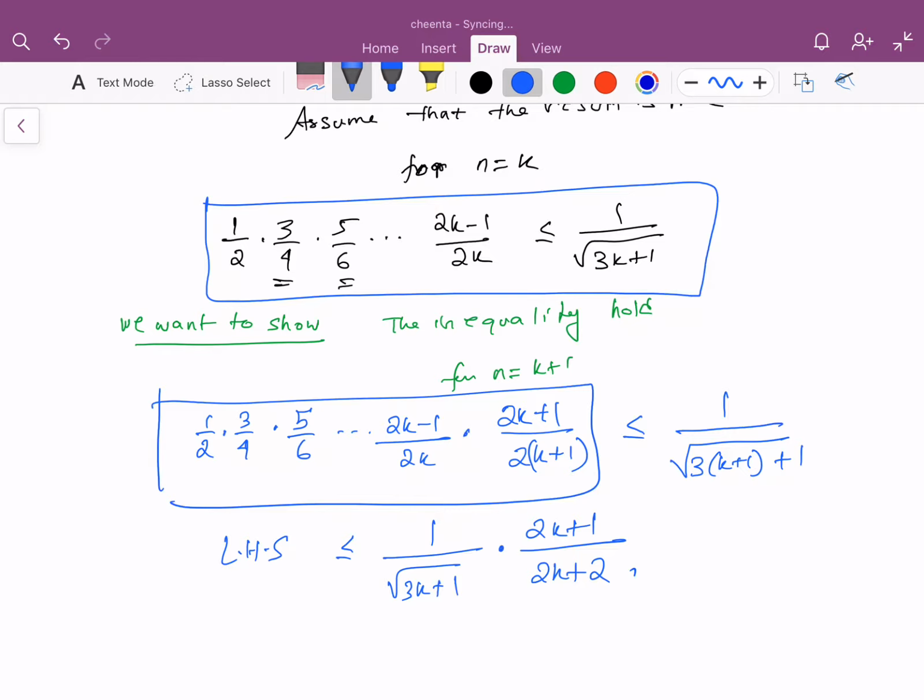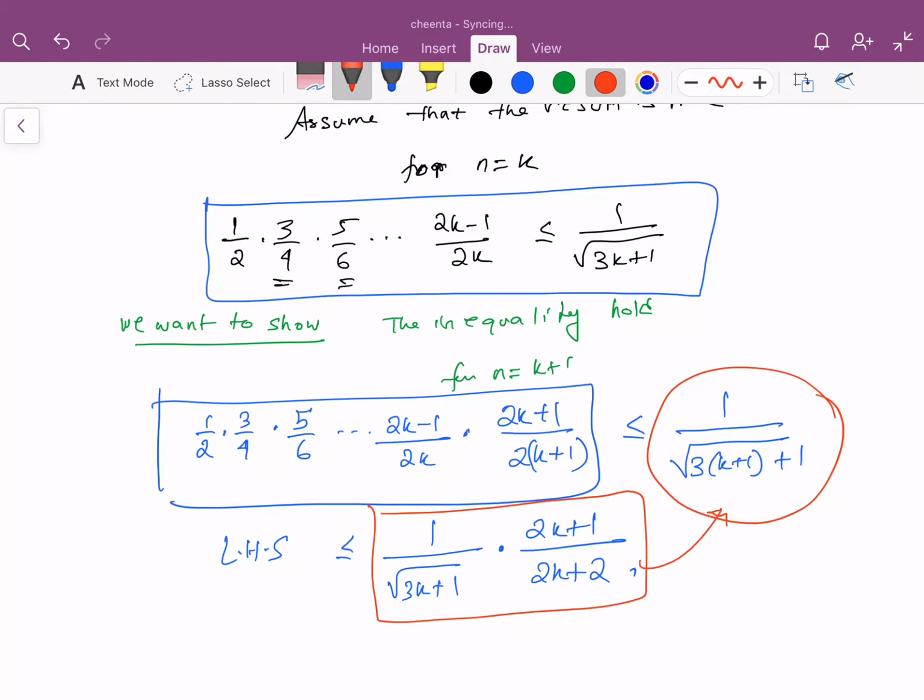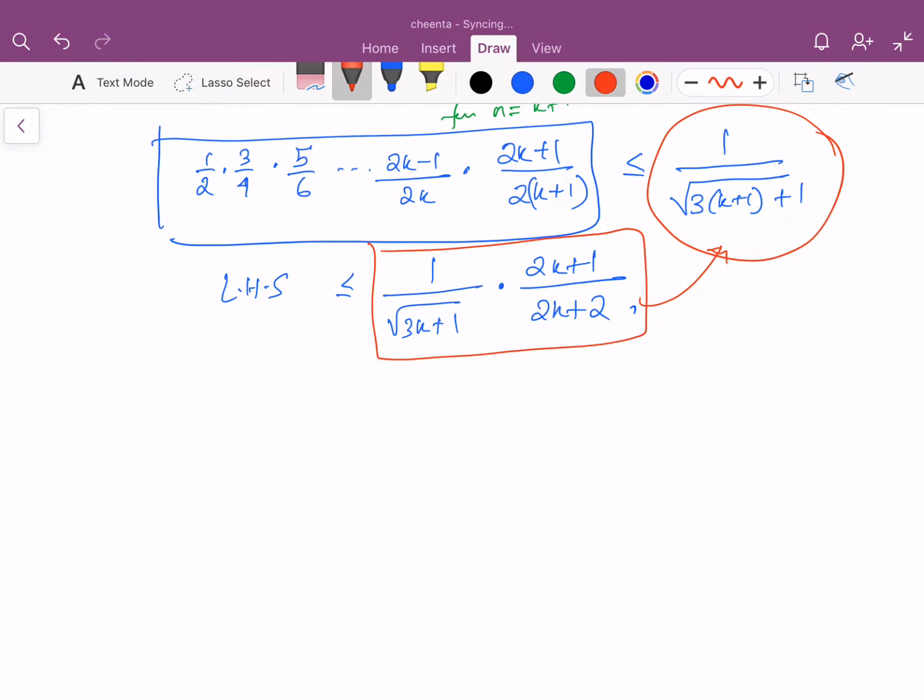So if we can show that this quantity that we have found is less than or equal to that which we want to show, then we would be done. Let's do that. We have 1 over square root of 3k plus 1 times 2k plus 1 over 2k plus 2. We want to show that it is less than or equal to 1 over square root of 3k plus 4.